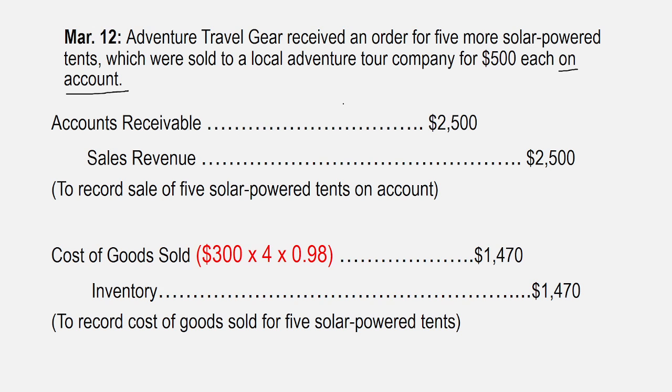To record these sales, again, a sale takes place in the merchandising company, and we should record it on two levels: one level to record the revenue and one level to record the cost of revenue, using the cost of goods sold.